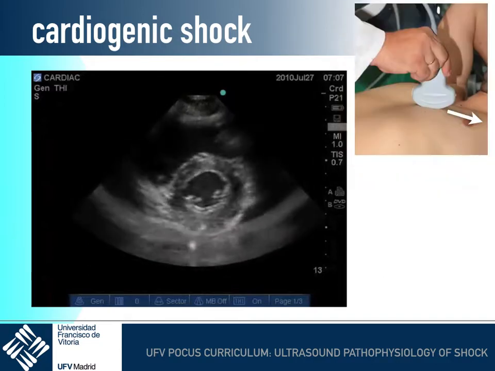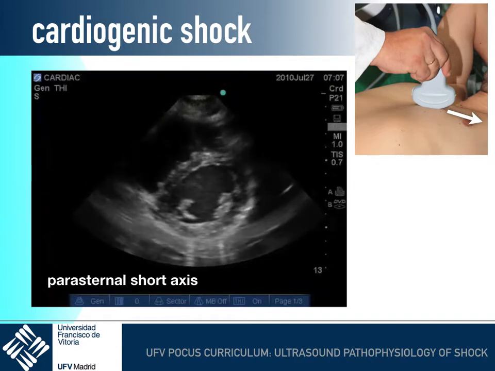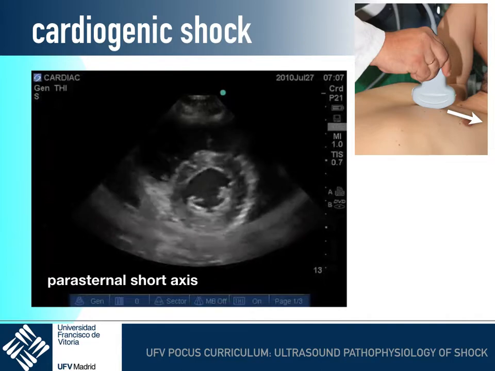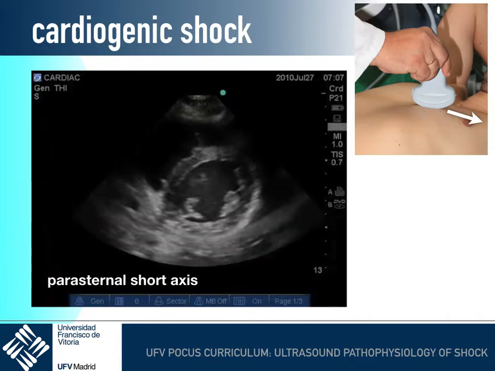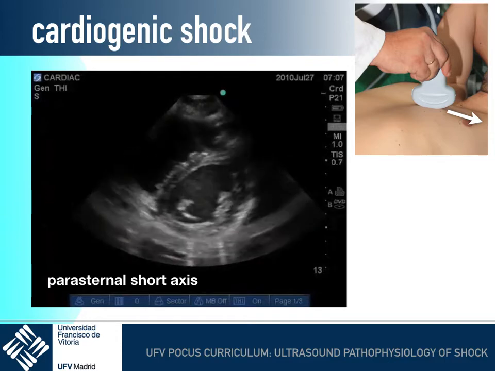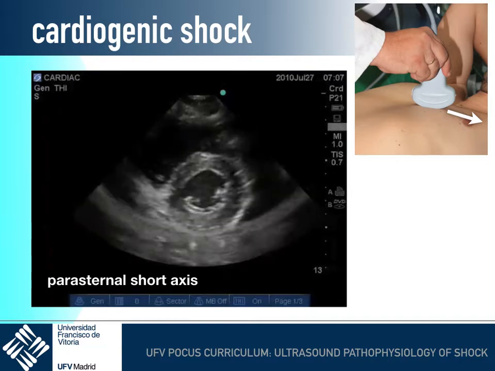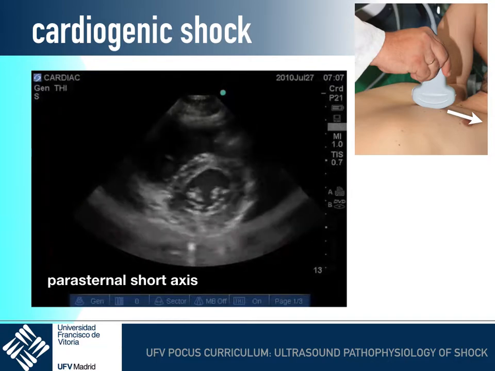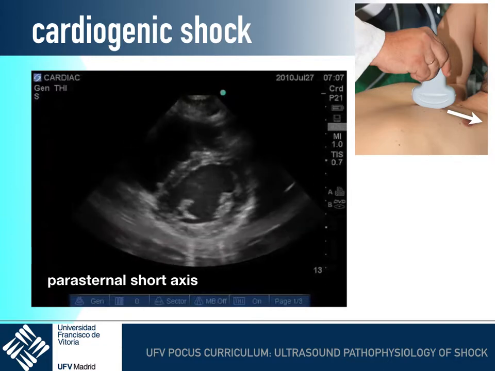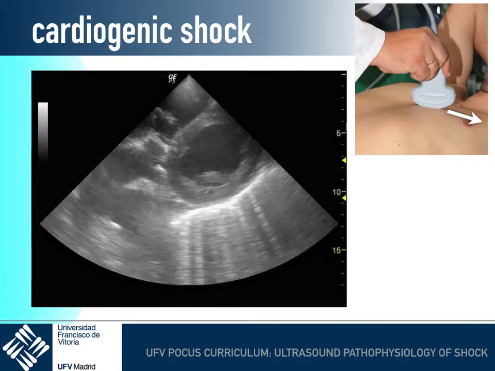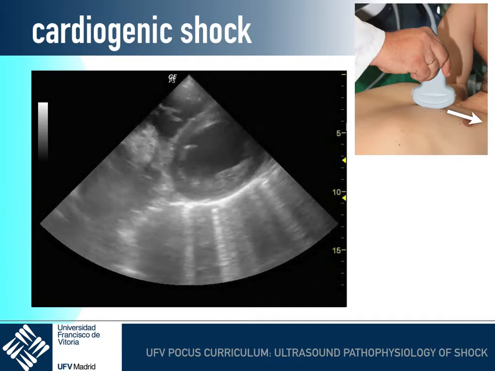This is a parasternal short axis in which we are evaluating the squeezing at the level of the papillary muscles or chordae tendineae. We see the squeezing perfectly, the walls come together, and the myocardium enlarges in a uniform way.